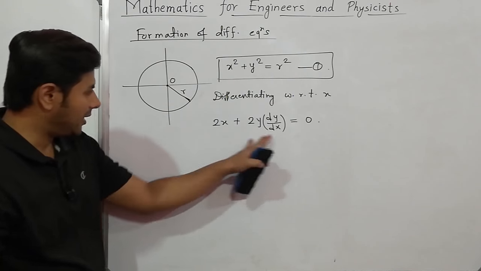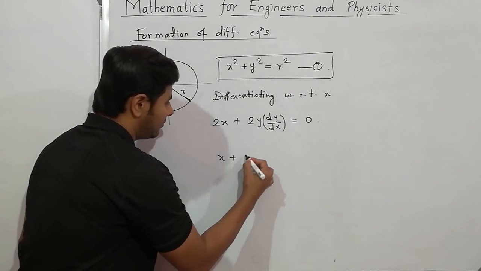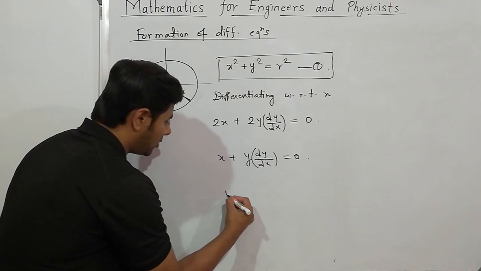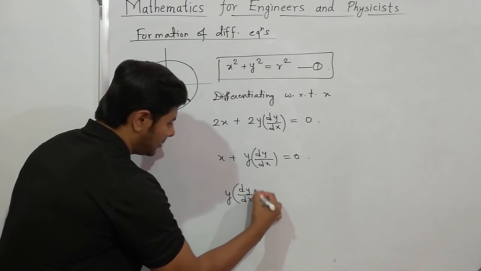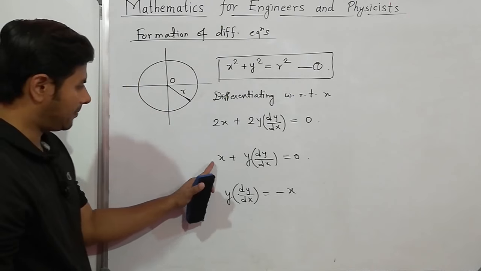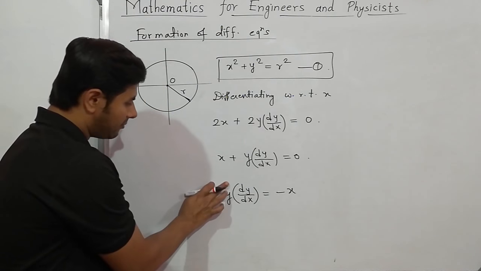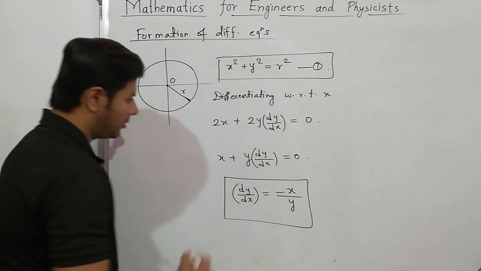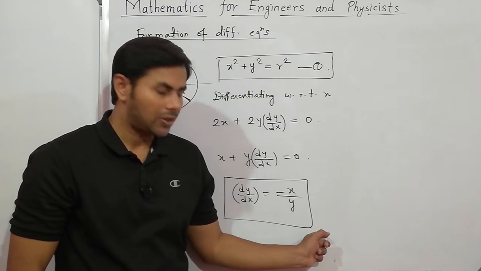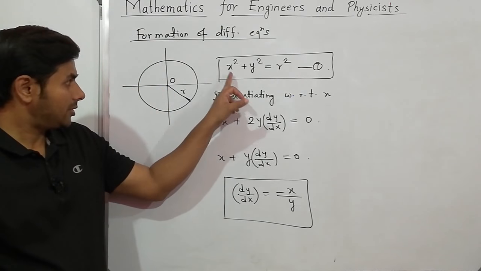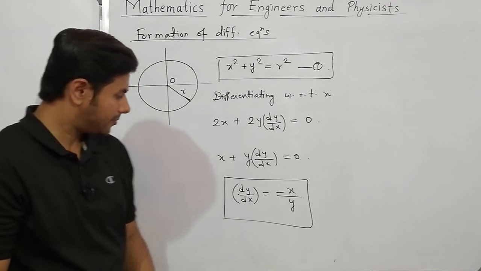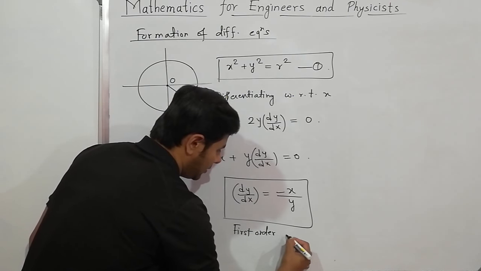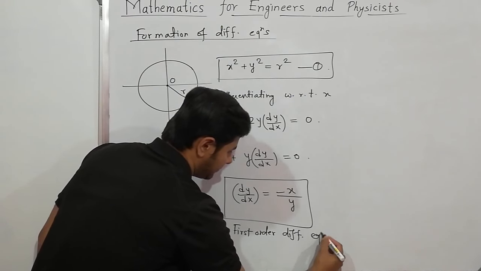Now let us divide this by 2, so I can write x plus y dy by dx equals to 0, or y dy by dx equals to minus x if I take that x on other side, and let's take y on other side, so it will be minus x divided by y. Okay, so we got this first order differential equation from this relation between x and y. Okay, so this is first order differential equation.